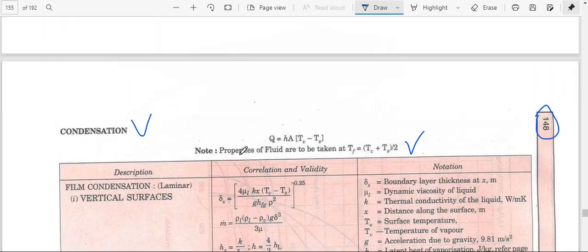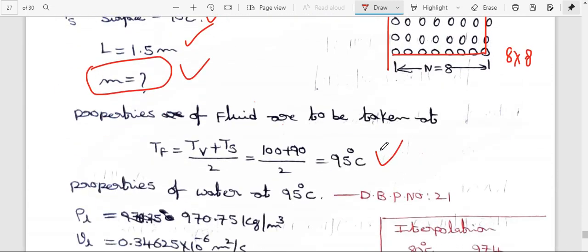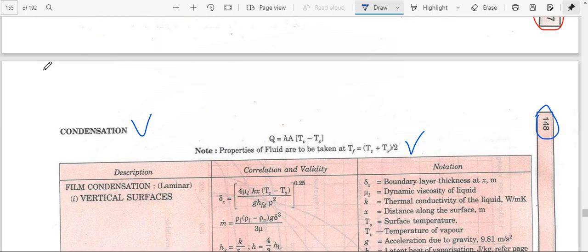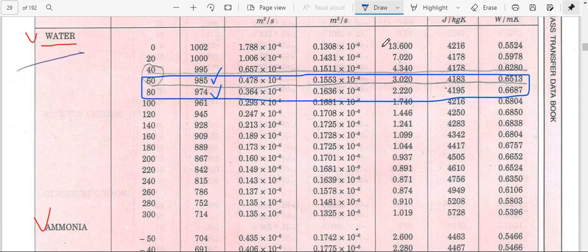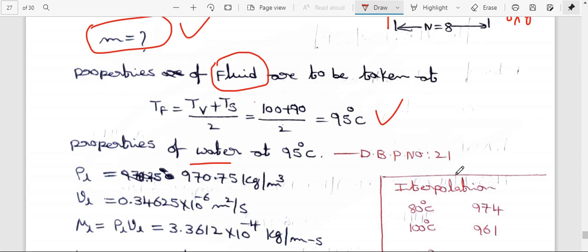From data book page number 148, we calculate the film temperature, which is 95. What is the fluid? In the boiling and condensation process we use water only, so I am considering water at 95 degrees. From data book page number 21, water properties at 95, we take the range 80 to 100 and interpolate.